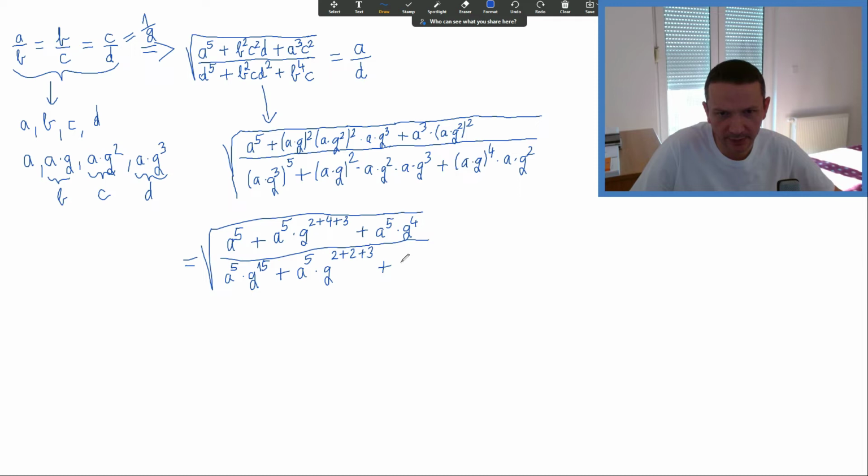And finally, the third term is A to the power of 5, and Q is to the power of 4 plus 2.